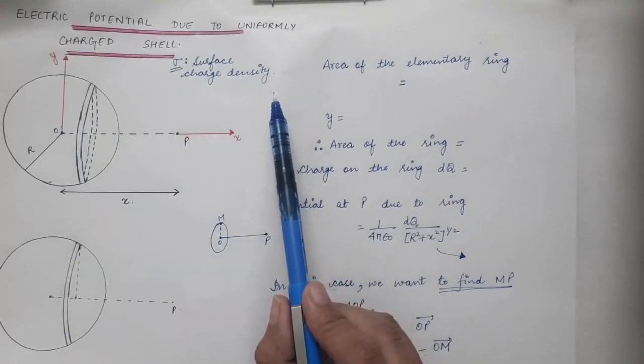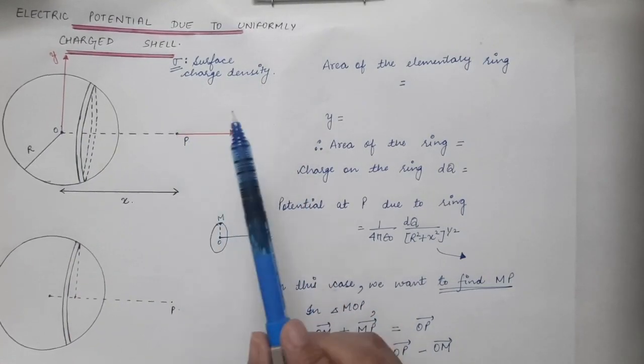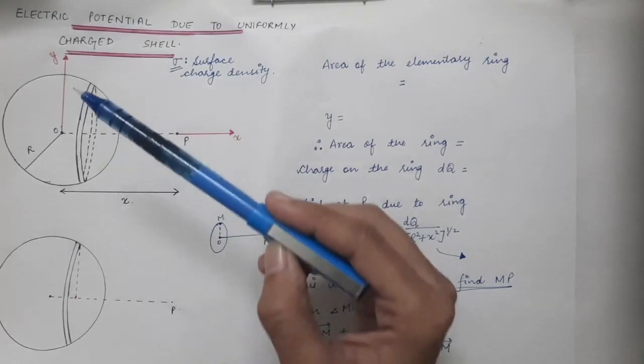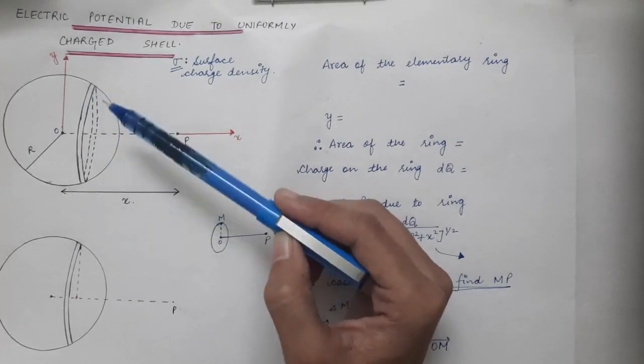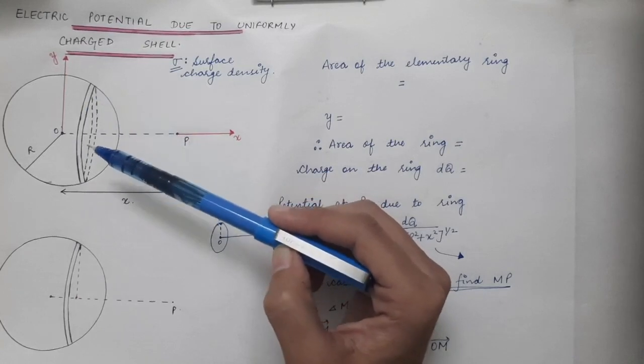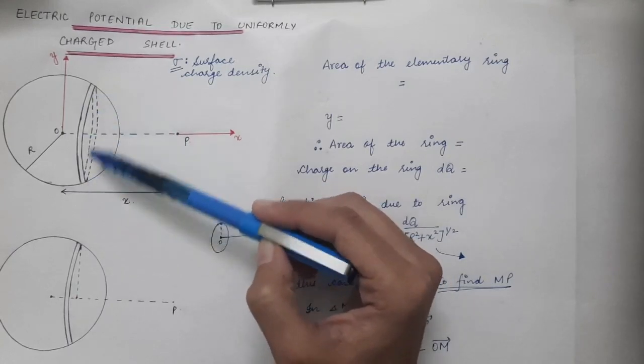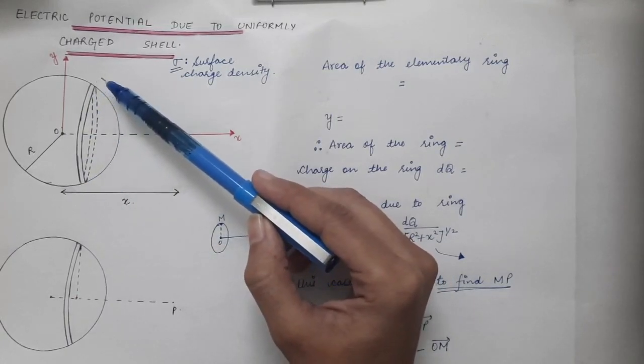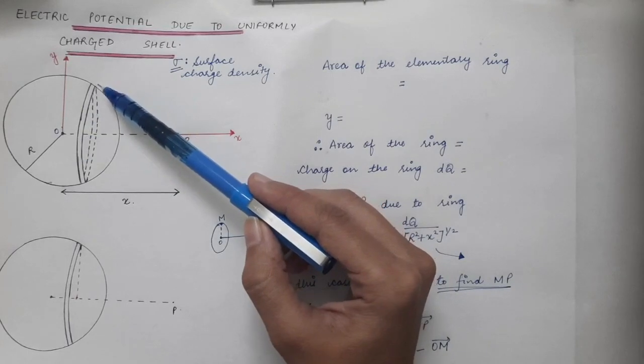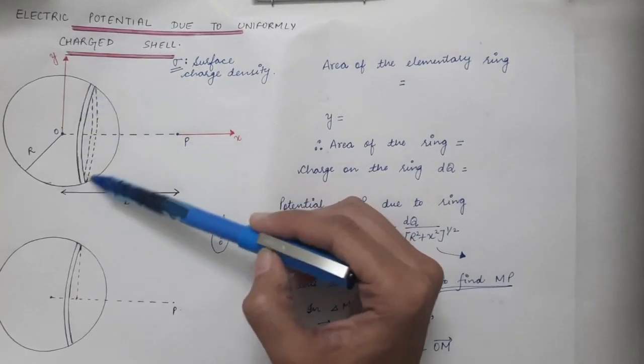The main procedure to find the electric potential will be to divide this whole shell into small circular loops. Here I have drawn one loop. We can divide the whole surface of the shell into an infinite number of such circular loops.